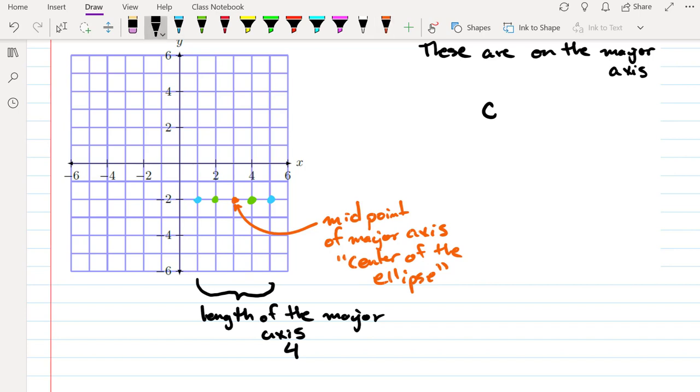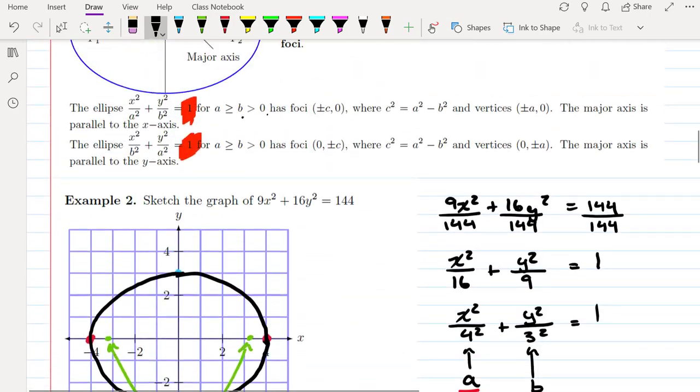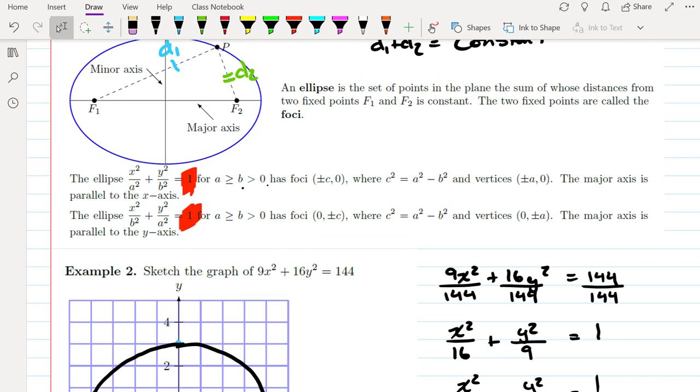We know that c squared is equal to a squared minus b squared for our ellipse. Let's go back and look at this. We know that the foci are located at 0 plus or minus c, and the vertices are at 0 plus or minus a. But that was when we had our center located at 0, 0.